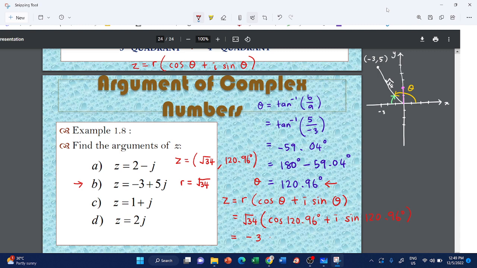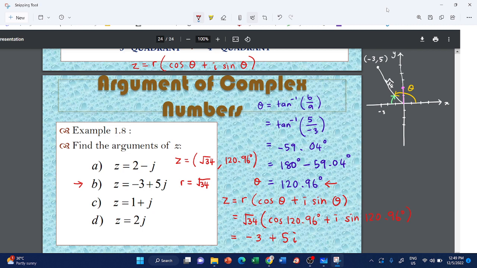Let me try. I get negative 2.99. Round off, round off. You get -3. Yeah.